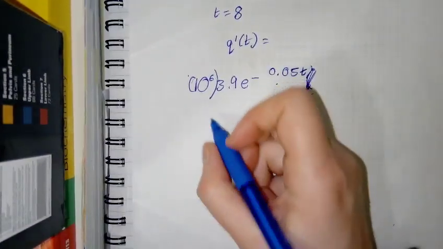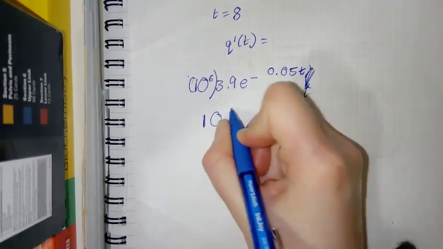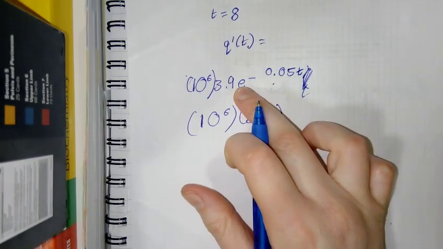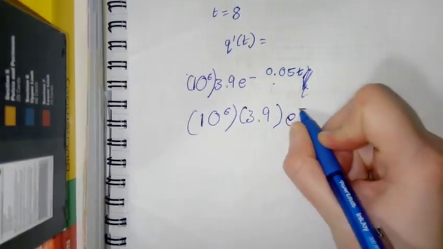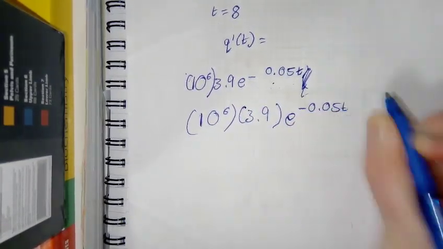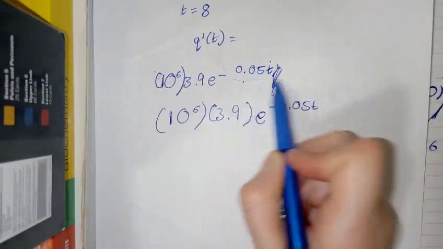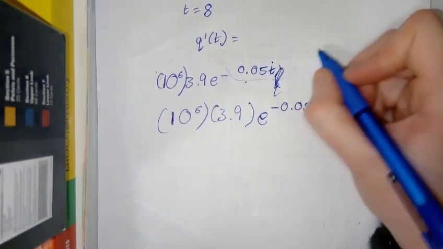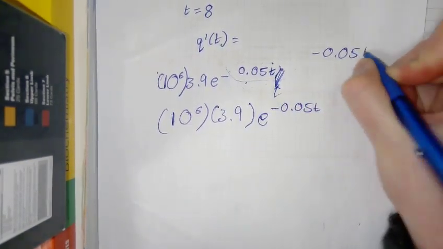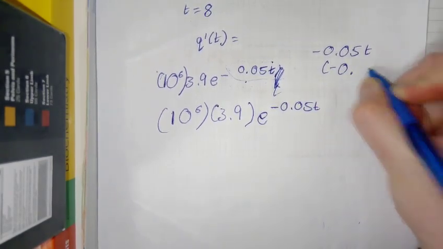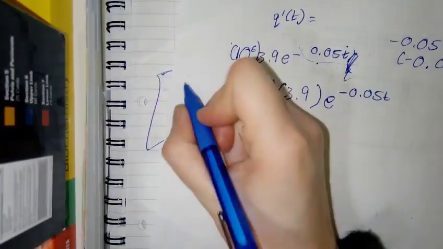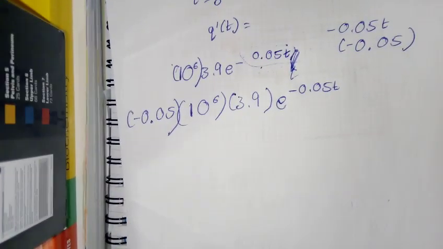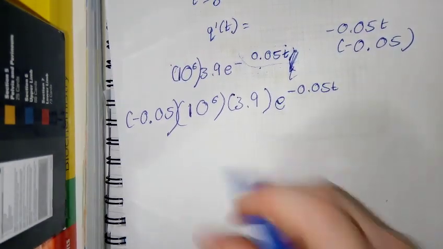If we differentiate that, we get the exact same thing back, but we also have to multiply it by the differentiated form of the exponent. If we differentiate minus 0.05t, we get minus 0.05. So we're multiplying this all by minus 0.05.